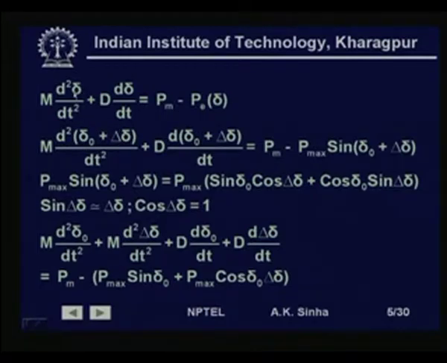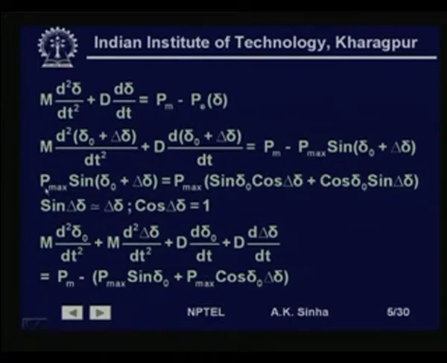So, replacing this delta by delta 0 plus delta delta in this expression we get M d2 (delta 0 plus delta delta) by dt2 plus D d (delta 0 plus delta delta) by dt is equal to Pm minus P max sine (delta 0 plus delta delta), that is we have replaced all delta by delta 0 plus delta delta.